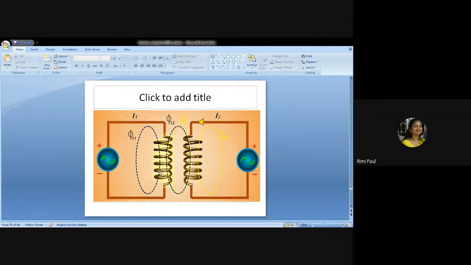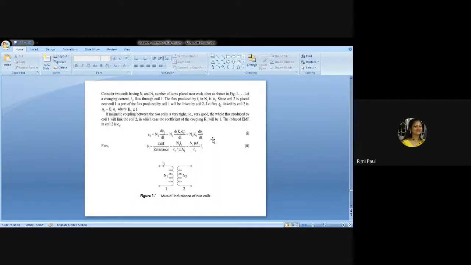Due to this part of the flux flowing through this coil, another induced EMF will be produced, because this is an alternating flux. Now we'll see the equation.